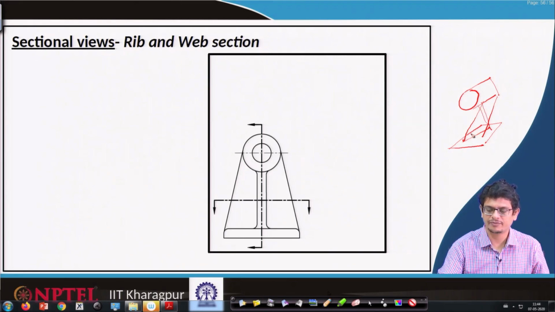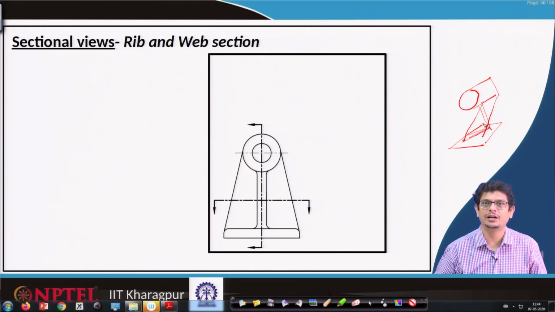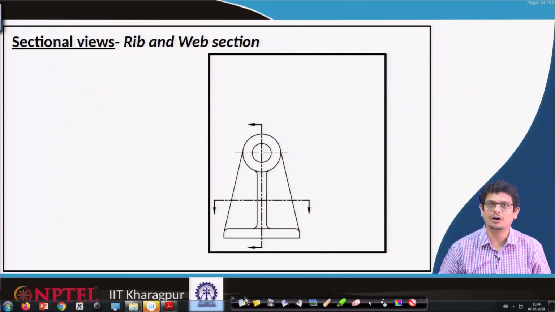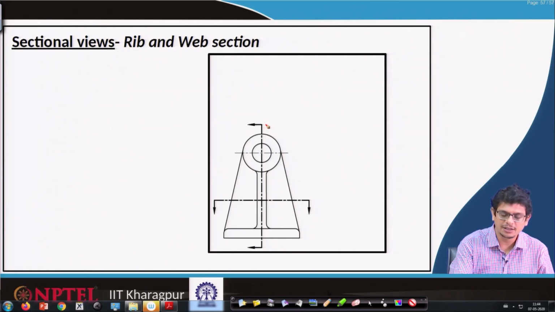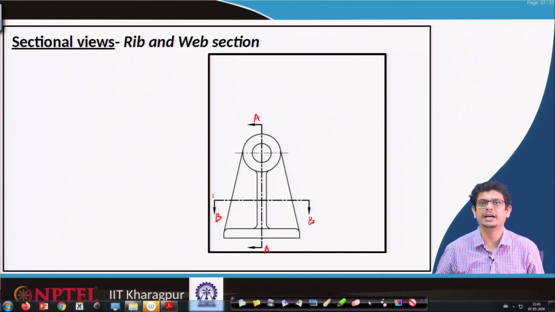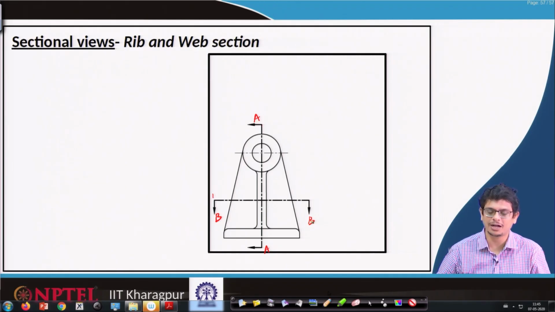This is the way that element really looks, and we would like to have a cut sectional view of this element. So, we would like to consider two sections, section A and section B. In the direction of the arrow, we would like to retain that part.